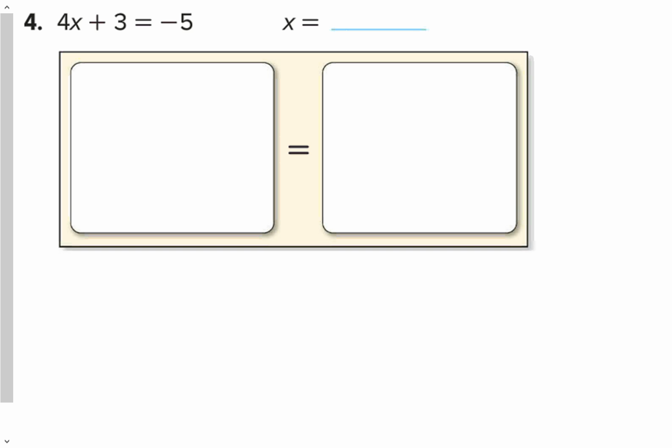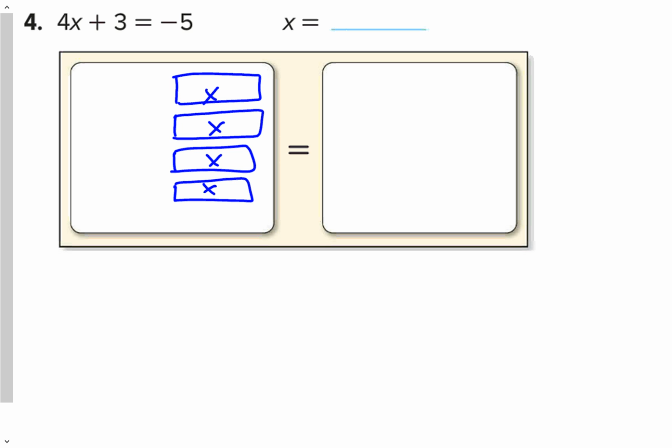4x plus 3 equals negative 5. So let's go ahead. 4x's, 1, 2, 3, then 4. We want 3 positives. Then we want to do some 5 negatives on the left. 1, 2, 3, 4, 5.